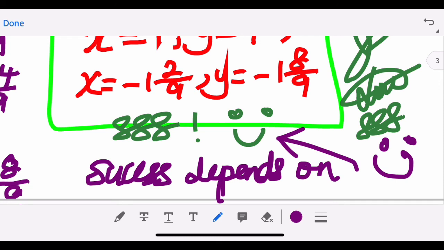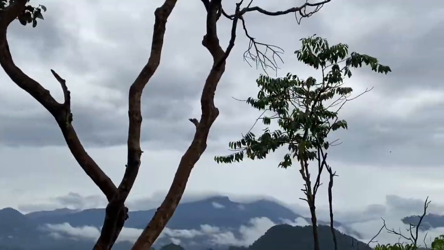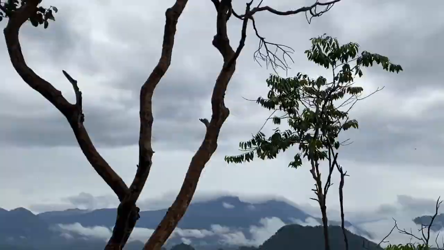Alright, everyone can be successful if you really work hard for it. You must put in a lot of effort. Okay, that's all my sharing for today.